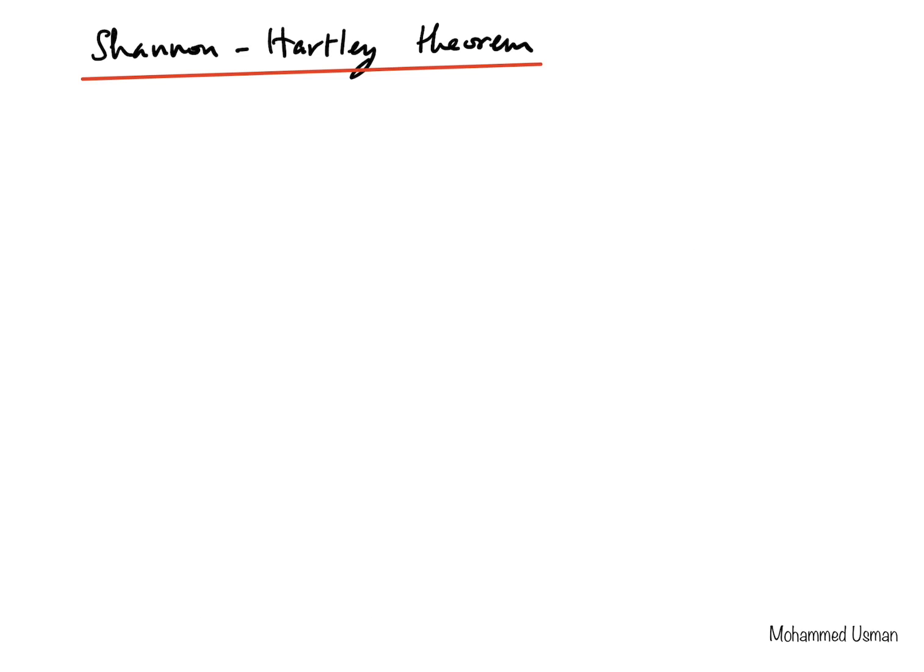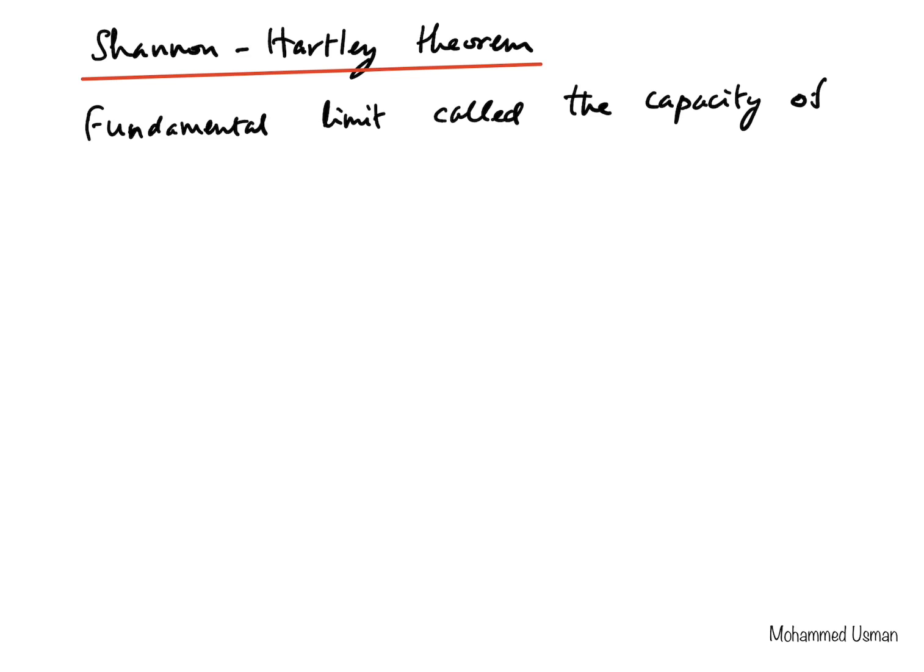Now, given that we have a certain bandwidth for the channel and a certain noise power on that channel, how do we decide the maximum rate at which we can transmit our digital data? And that is called the capacity of the channel. So that gives a fundamental limit, called the capacity of a channel.